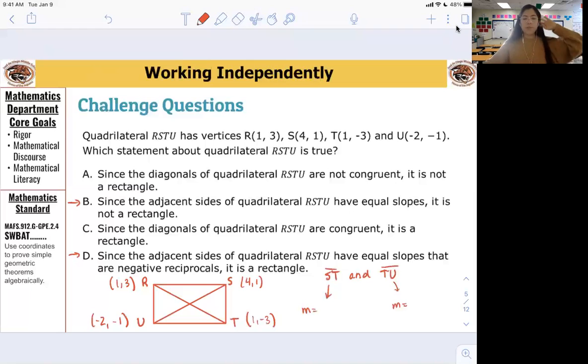All right, that was two minutes. So let's see, what did we get for the slope of ST using the values that we are given?